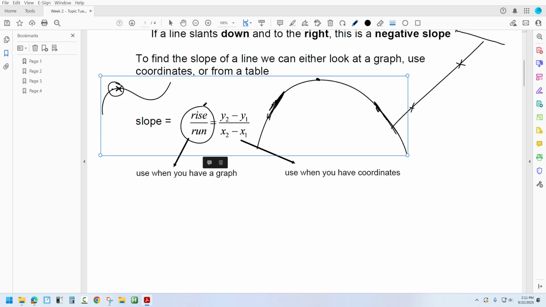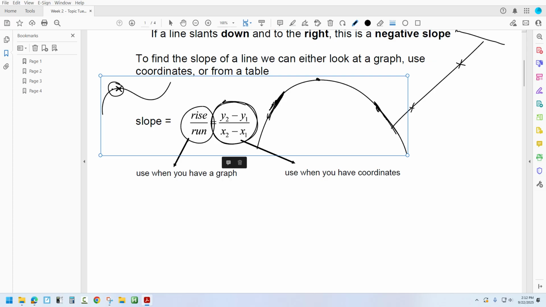If they don't give you a graph, you can use this formula. That's the slope formula: y2 minus y1 over x2 minus x1. These four values are going to come from what I give you. Is there any question on what the slope formula is?